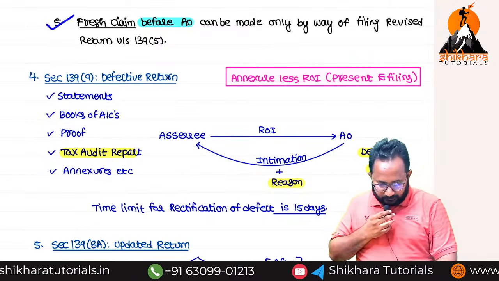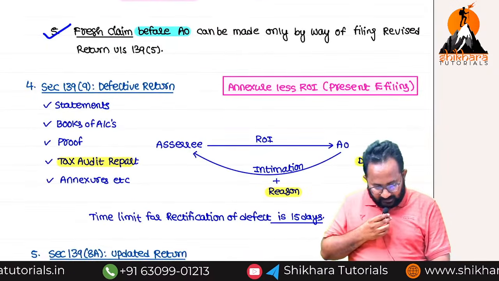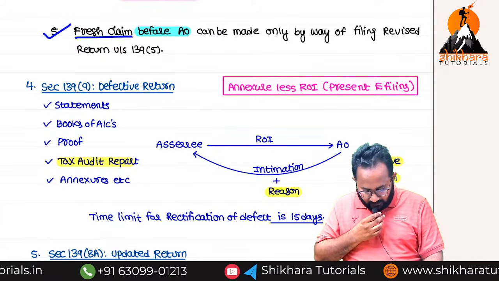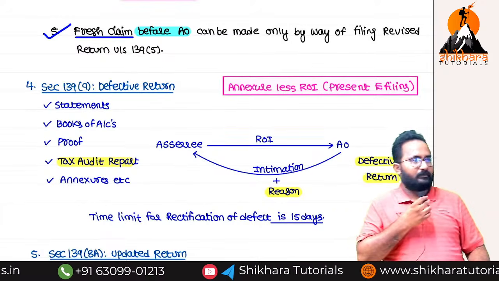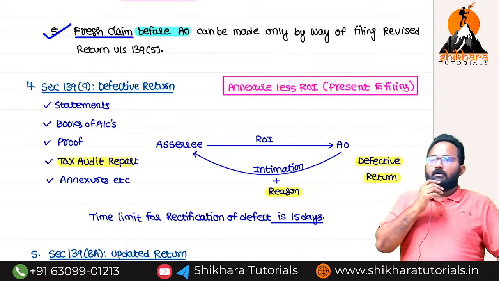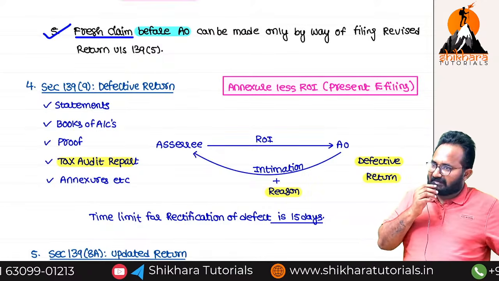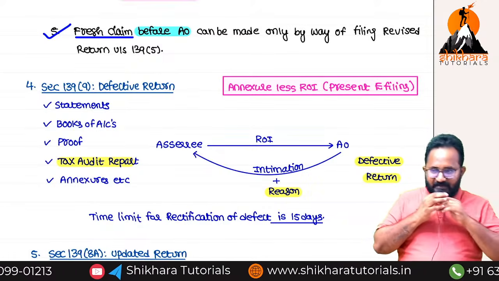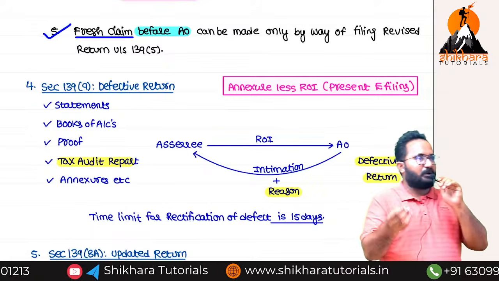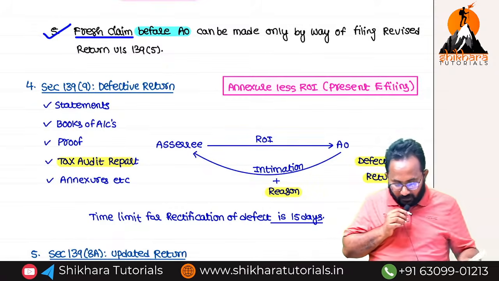Last one. Sir, what is a fresh claim? Fresh claim means, already I filed the return and did not claim one eligible expenditure as a deduction. Example, 80C 1,50,000, I forgot to claim. Now I want to claim it before whom? The AO.